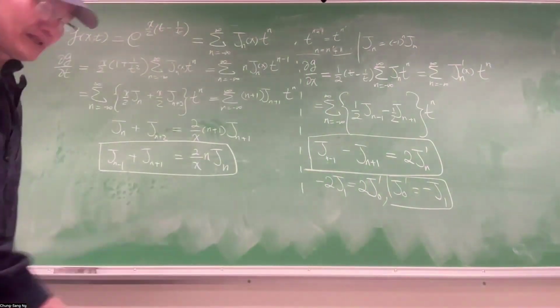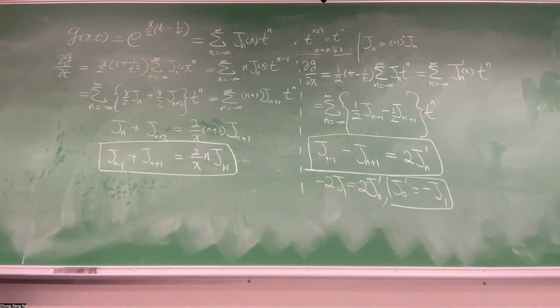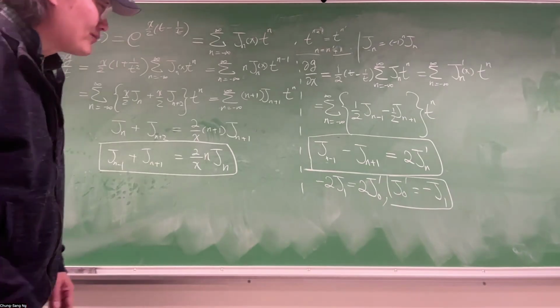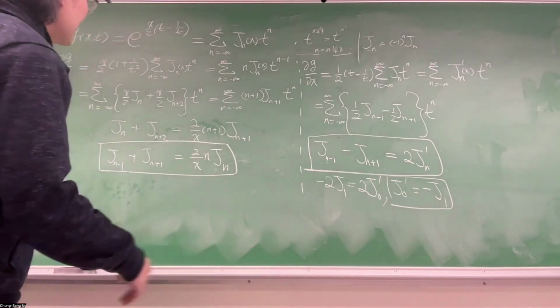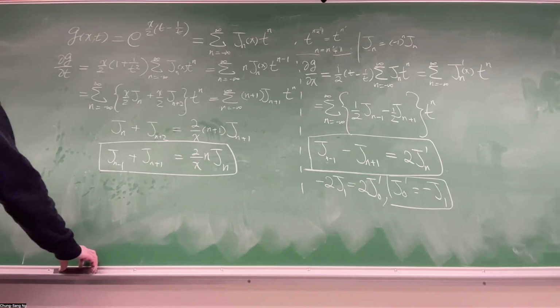So your textbook has one way to do it, and it used one of these relationships, 14.10 to 14.12, to do that. It's one way to do that, but yeah, different way.